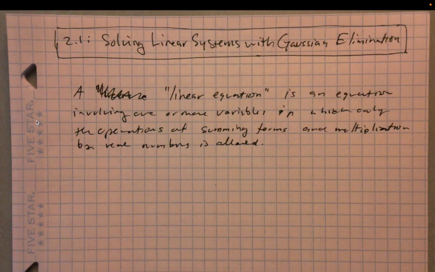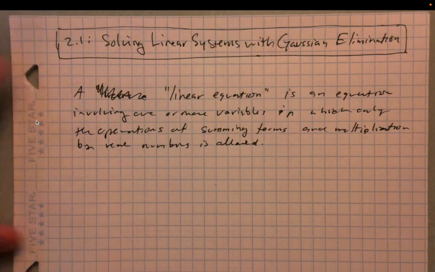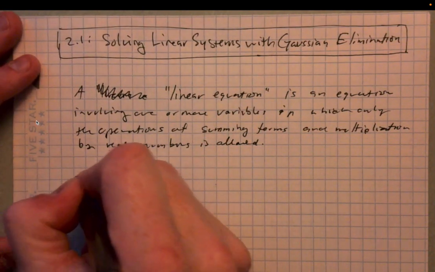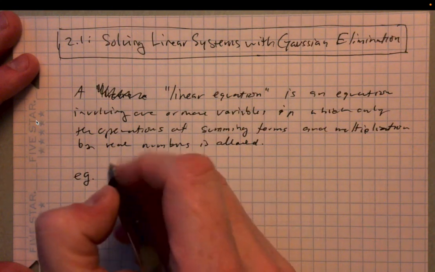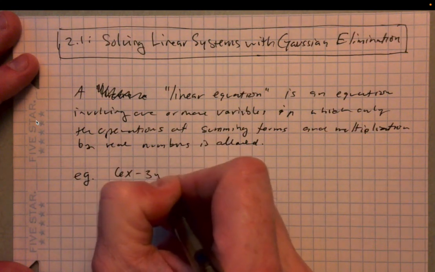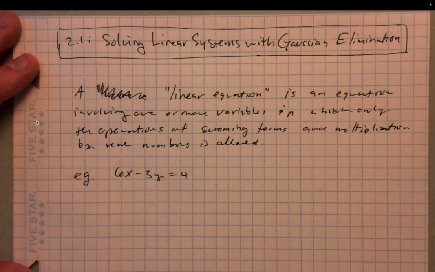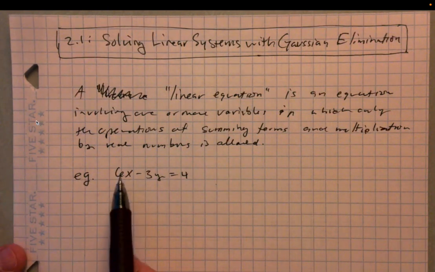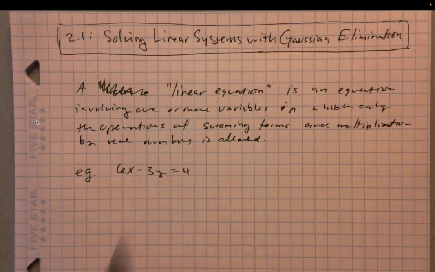Okay, and so these are very familiar equations. We've seen these for a very long time. Here are some examples. 6x minus 3y equals 4. Okay, so you've got multiplication by real numbers. You've got summing of terms. So I think it's more noteworthy what you don't have. What don't we have here?